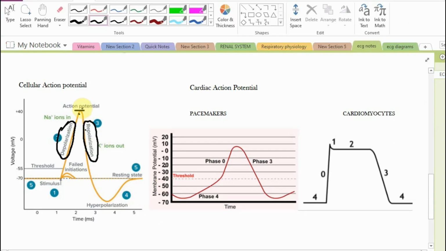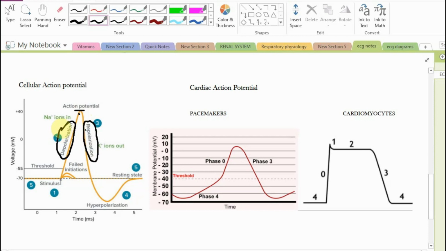Now, if you want a definition for depolarization or repolarization, certain textbooks mention them, and I can read it out to you. Cardiac action potential is a result of a sequential flow of ions across ion channels in a cardiac cell membrane. This results in electrical activation of myocardial cells.